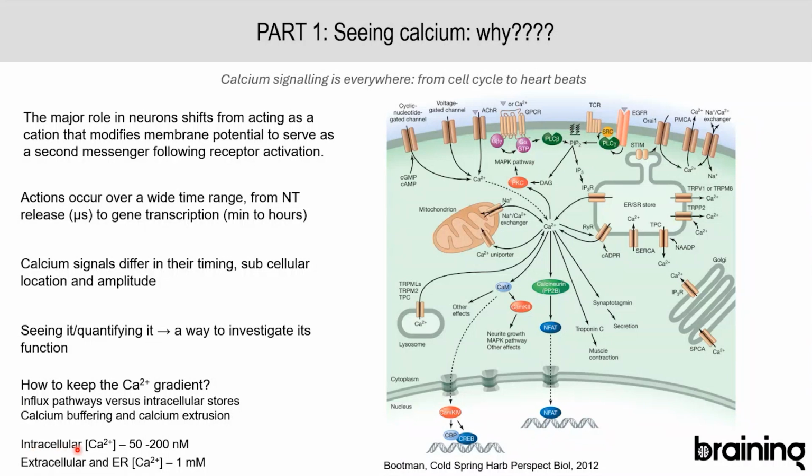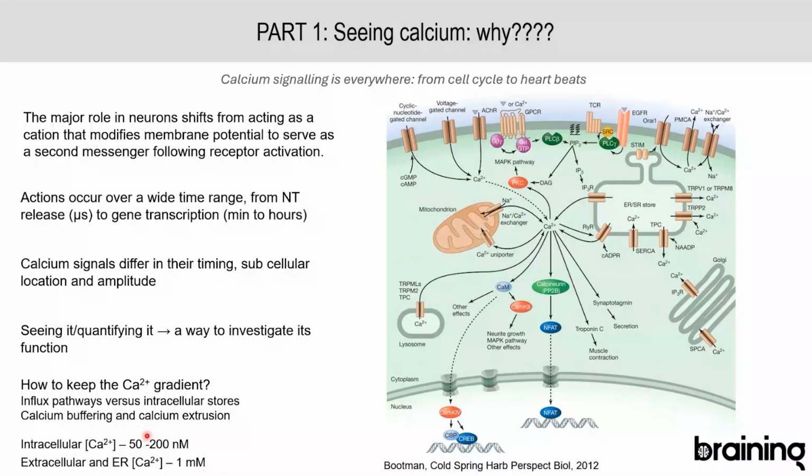And also keep in mind that the intracellular concentration of calcium is really low. It's between 50 to 100 nanomolar, while the extracellular concentration of this ion, or its concentration in the endoplasmic reticulum, is around 1 millimolar.